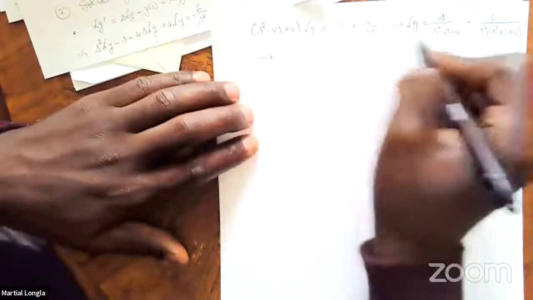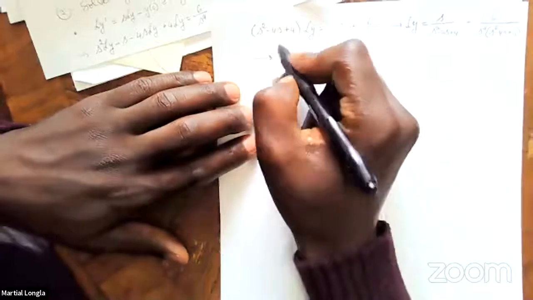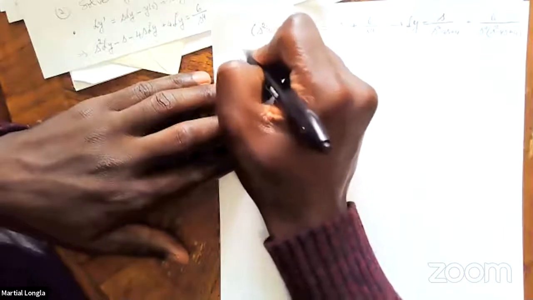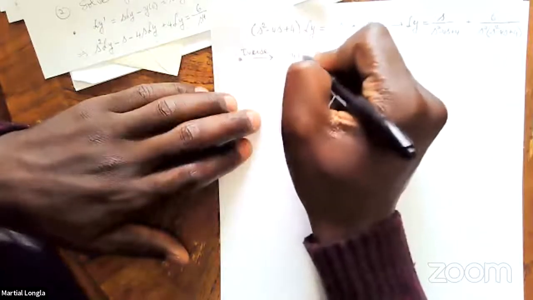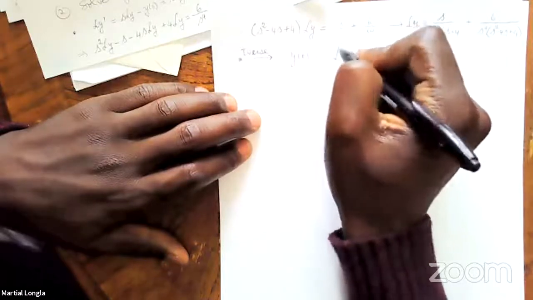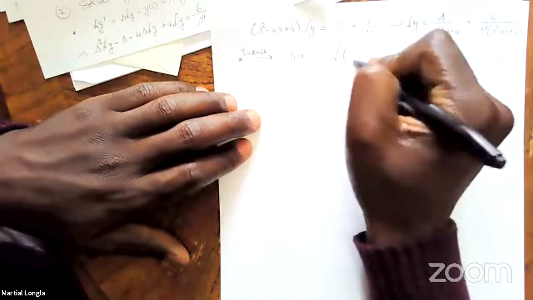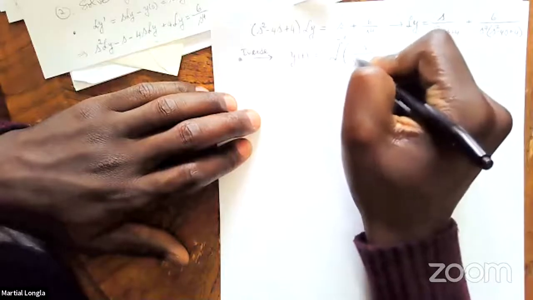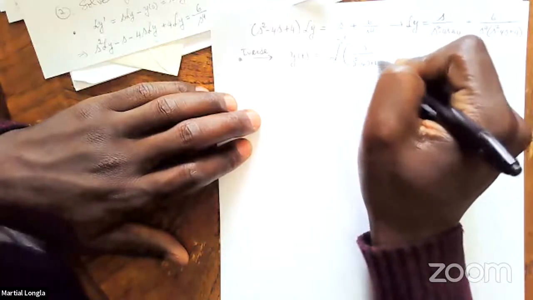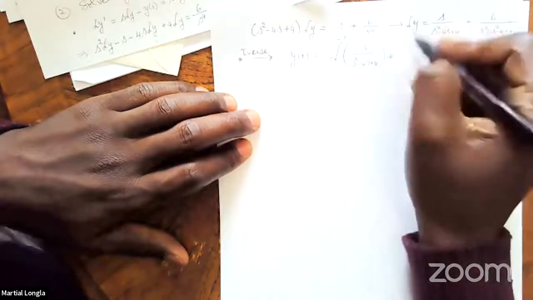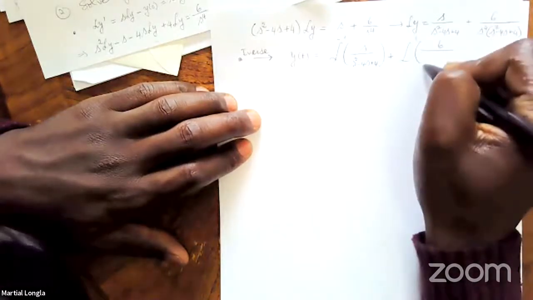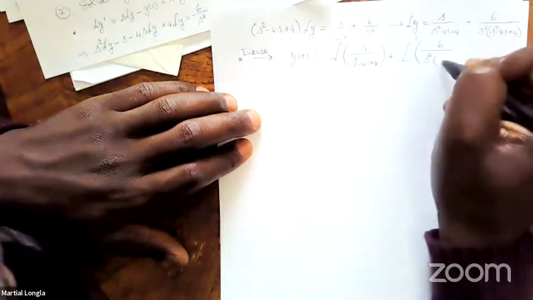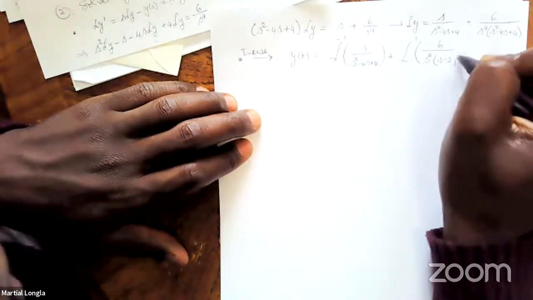And now you have to find the inverse Laplace transform. So y of t is inverse Laplace transform of s over s squared minus 4s plus 4, plus inverse Laplace transform of 6 over s to the 4th times, and this is technically s minus 2 squared.